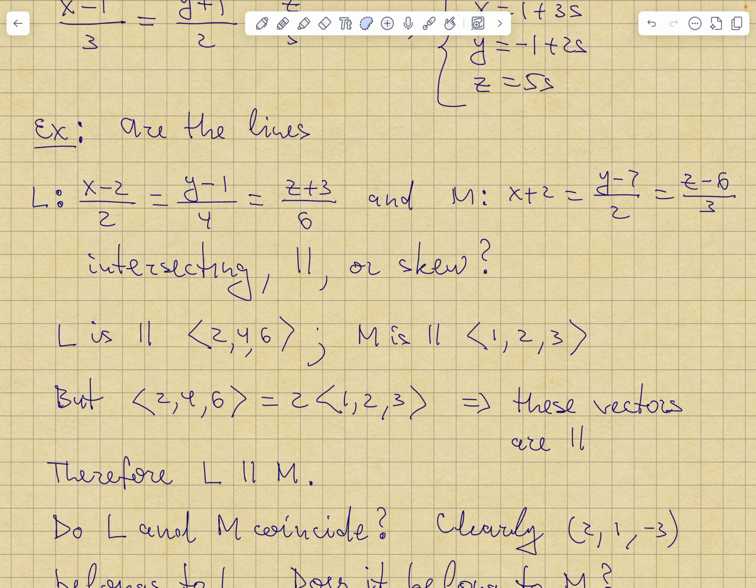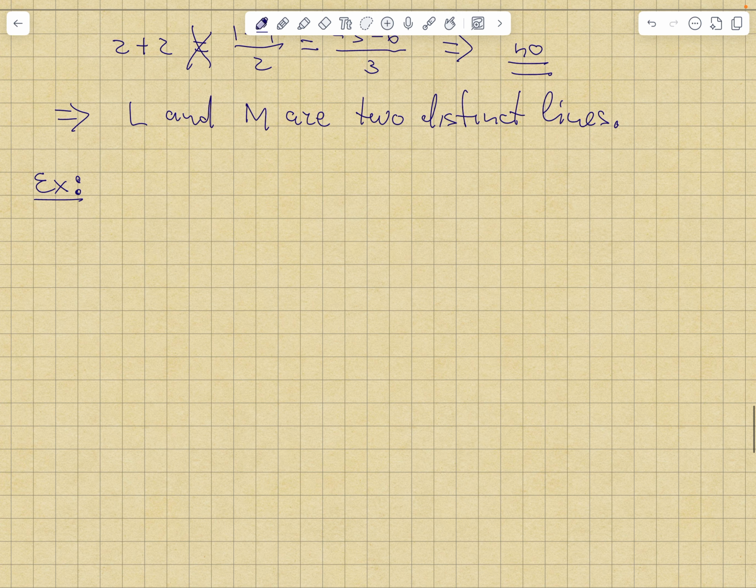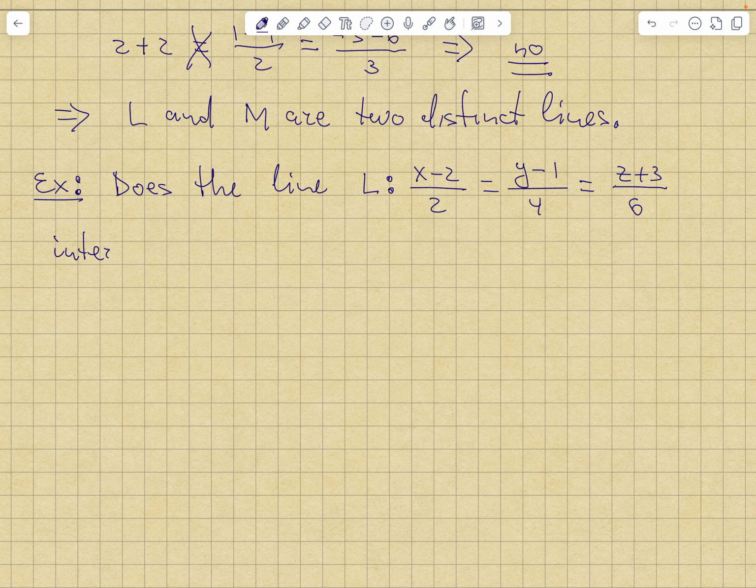Going back to this line L, does the line L intersect the YZ plane, and if so, where?